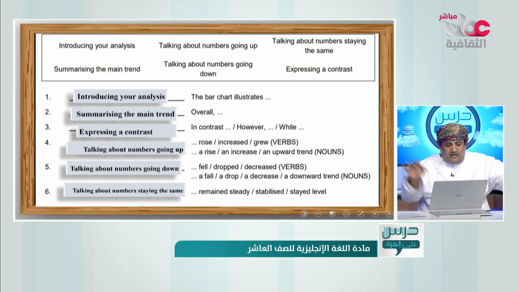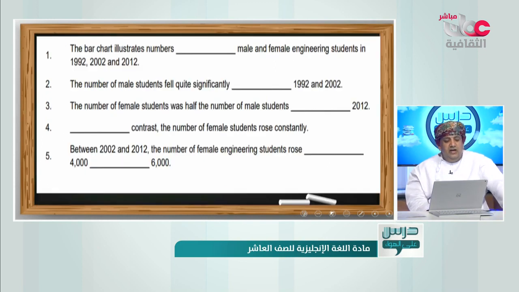We can use this sentence. So the bar chart illustrates number of. We use "of" male and female engineering students studying in 1992, 2002, and 2012. The number of female students fell quickly, significantly between this year and this year.